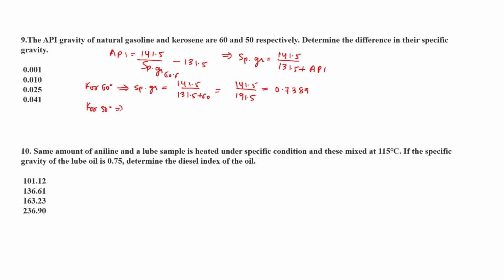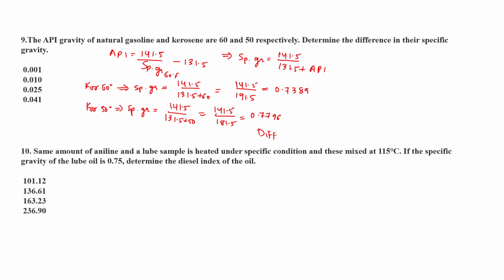For 50-degree API, specific gravity would be 141.5 upon 131.5 plus 50, which will give 141.5 upon 181.5, giving us 0.7796.